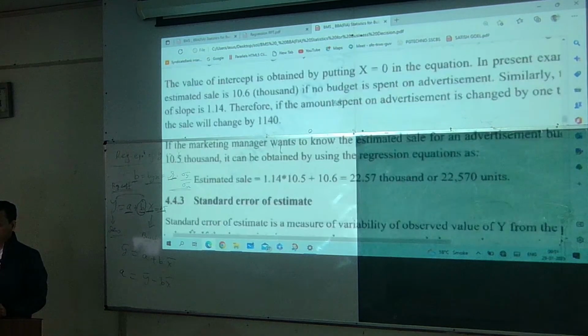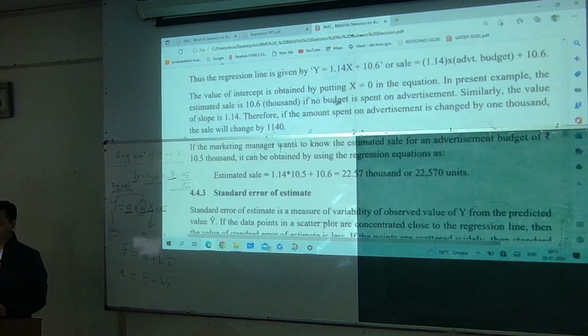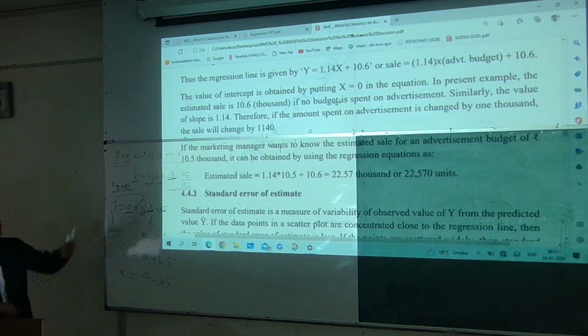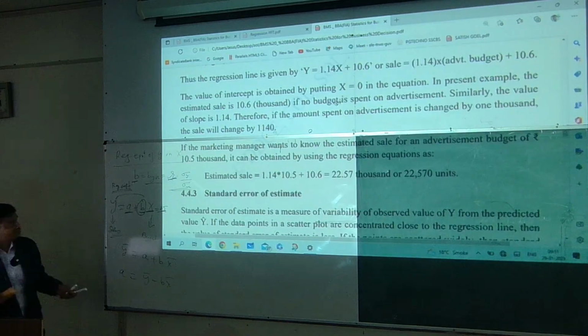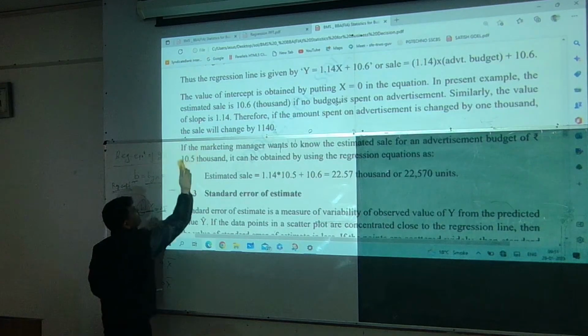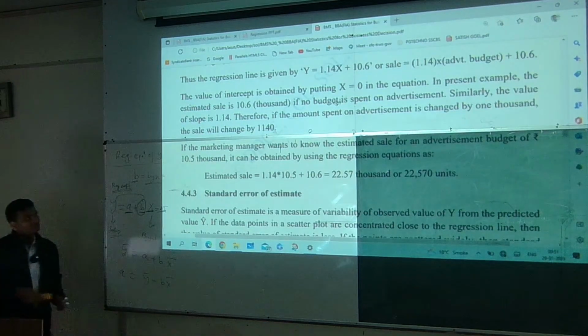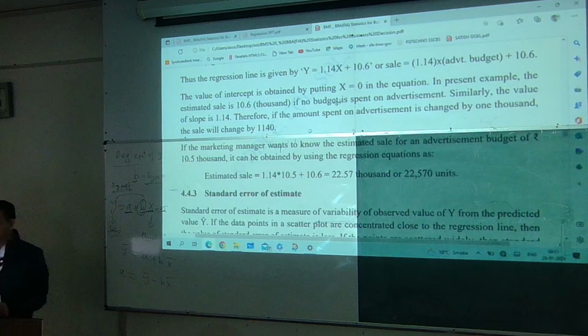And here again what I am saying to you, if the marketing manager wants to know the estimated sale for an advertisement budget of rupees 10.5 thousand, it can be obtained by using the regression equation.